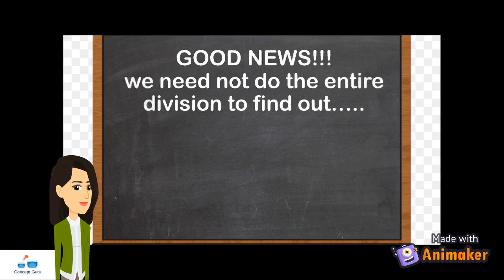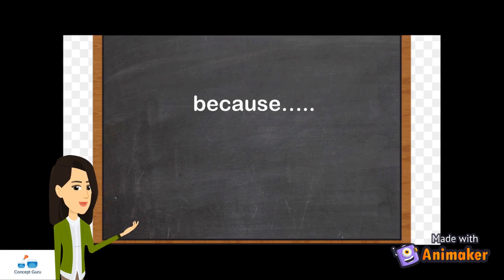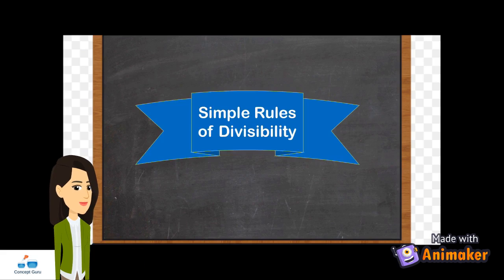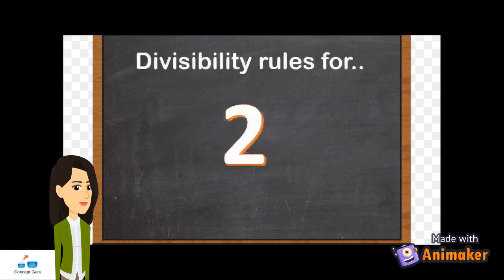But the good news is we need not do the entire division to find out if they are divisible by 2 or not, because we have simple rules of divisibility. The divisibility rule for 2 and the divisibility rule for 5 are what we are going to show in this video.